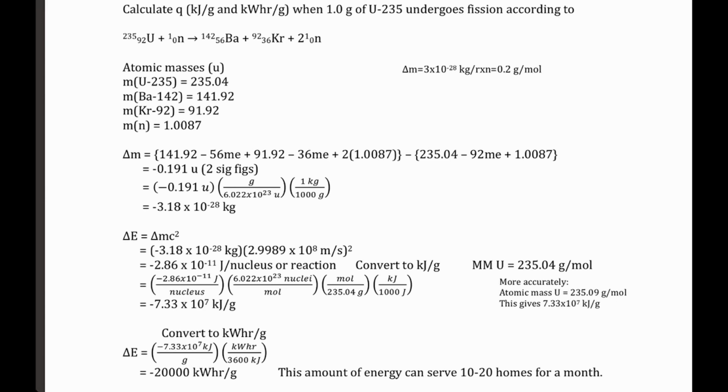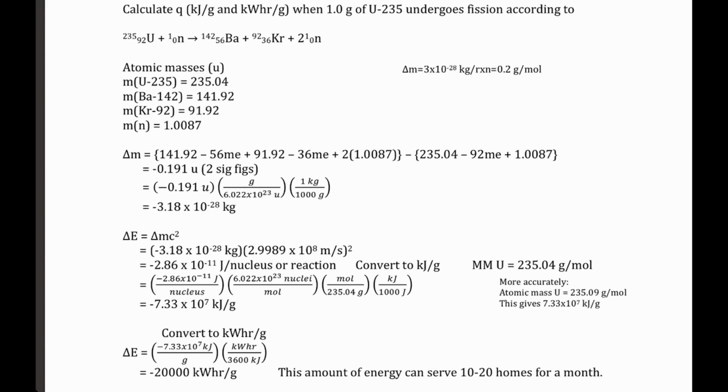So now we use the molar mass of the uranium, which we're given there in the problem, 235.04 grams per mole. So now we have grams as our unit, and finally we make the conversion to kilojoules by dividing by 1,000. So we get that the delta E is negative 7.33 times 10 to the 7th kilojoules per gram. We can drop the negative sign. It's simply telling us that energy is given off.